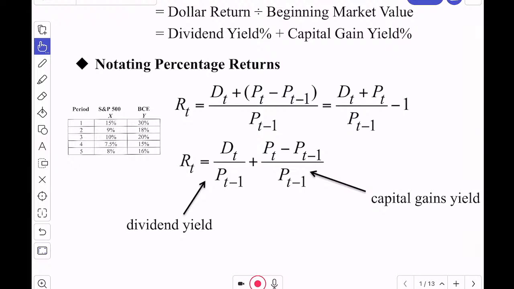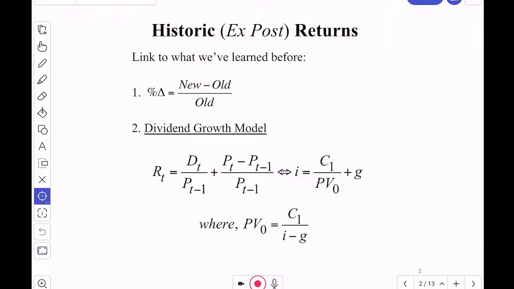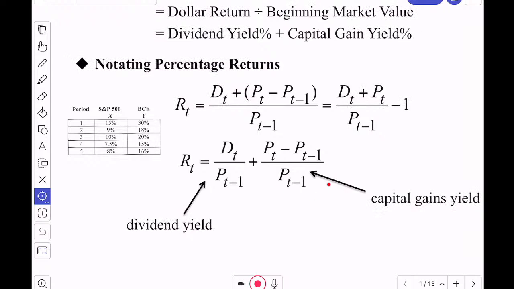Okay, so let's continue. There are some things to point out to you, that you've actually been using this formula with certain assumptions for some time. It might not look familiar, but you've been using it. For one thing, this is a rate of change.